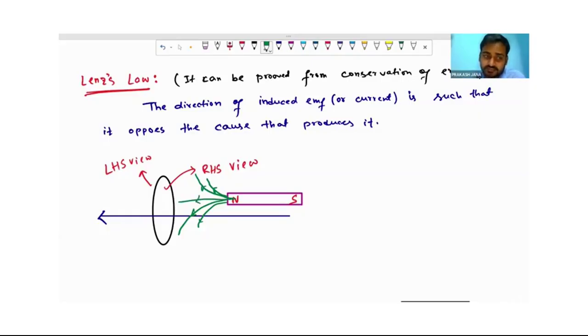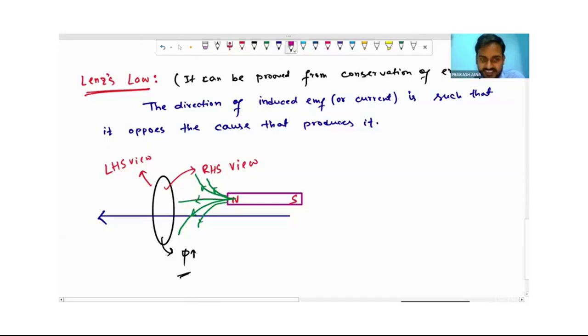Okay, so now we are bringing the magnet towards the coil. So what will happen here? The flux that will link with the coil will be increasing. Why? The reason is more lines of force will be linked with the coil. So ultimately the flux will change.